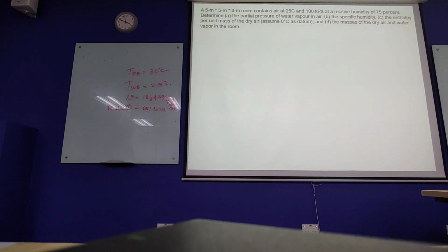A 5 meter by 5 meter by 3 meter room, maybe something like this, or a little smaller, contains air at 25 degrees Celsius and 100 kPa pressure at a relative humidity of 75%. Determine the partial pressure of water vapor in the air, specific humidity, and enthalpy per unit mass of dry air and water vapor.